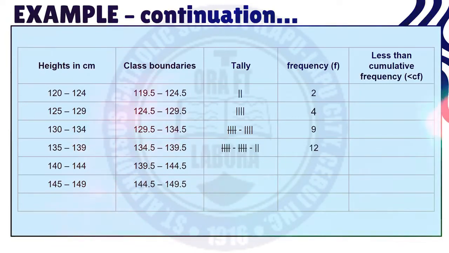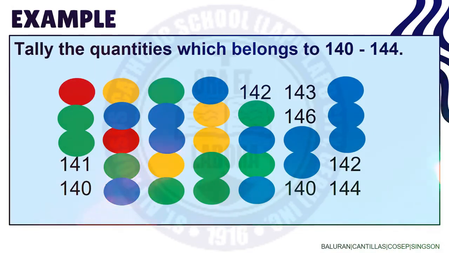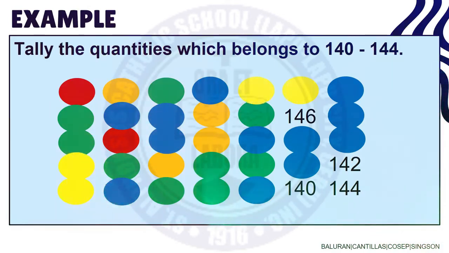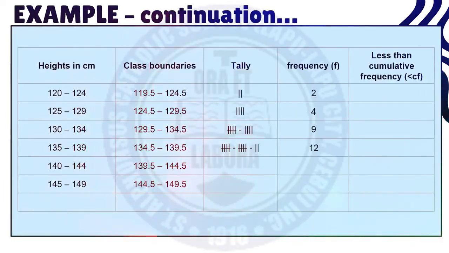Then followed by the quantities which belong to 140 to 144. We have 141, 140, 142, 143, 140, 142, and 144. So we have tallied a total of 7 quantities under this class.